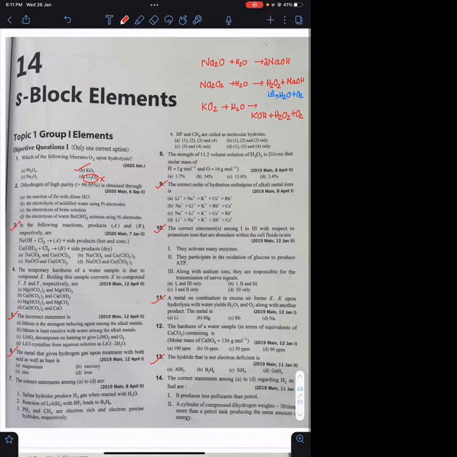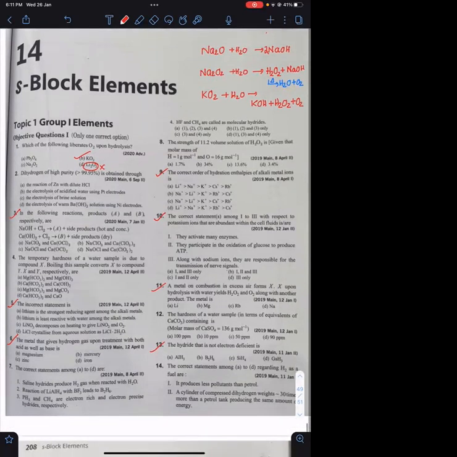Want to explain something from question number 4, even though you don't know about hardness, please try to attempt that question.